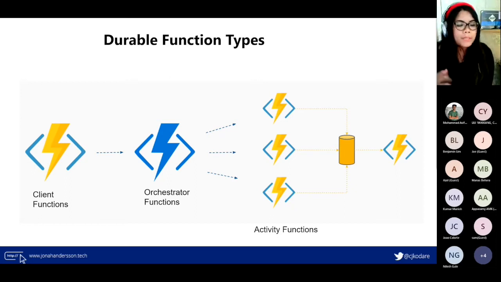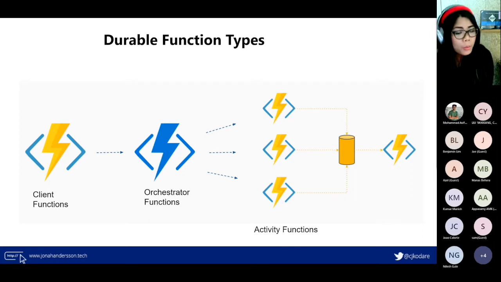That's the starting point, since it's event-driven, and it kickstarts your orchestrator functions. Your orchestrator function is, as the word says, your orchestrator. That's where you write your workflow on how you want your tasks or actions to be done, and where you design what needs to be done, when it stops, and everything.